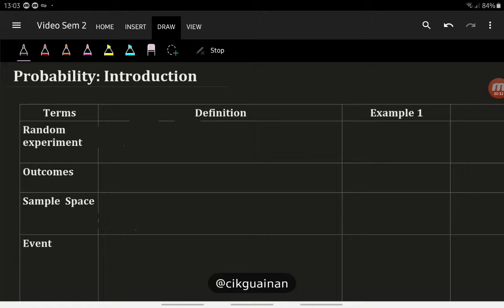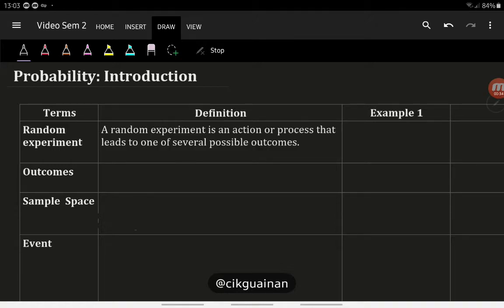The definition is an action or process that leads to one of several possible outcomes. For example, if we roll a fair die, it has 6 faces.